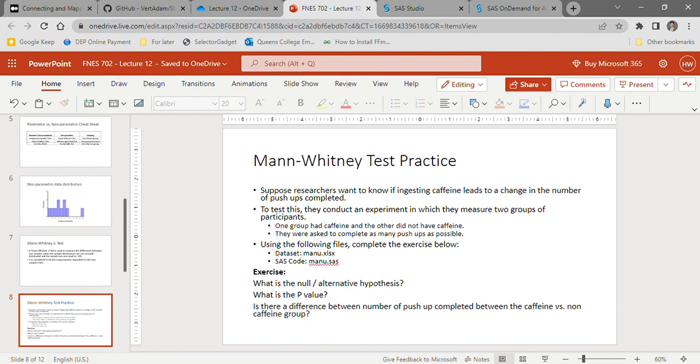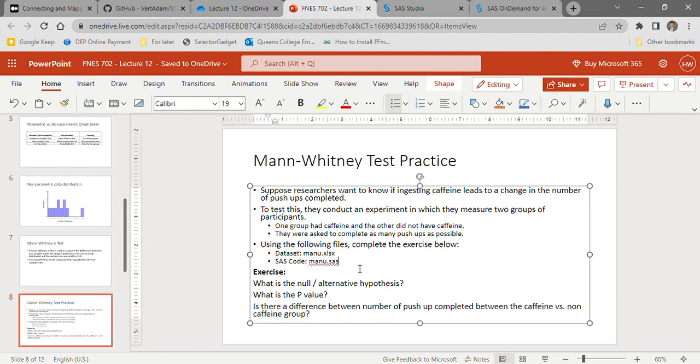So, to test this, they conducted an experiment where they measured two groups of participants. One group had caffeine and the other did not have caffeine. They were asked to complete as many push-ups as possible. So use the following data sets. Using the following files, complete the exercises below, right? So we are going to use the manu.xlsx and the manu.sas files.